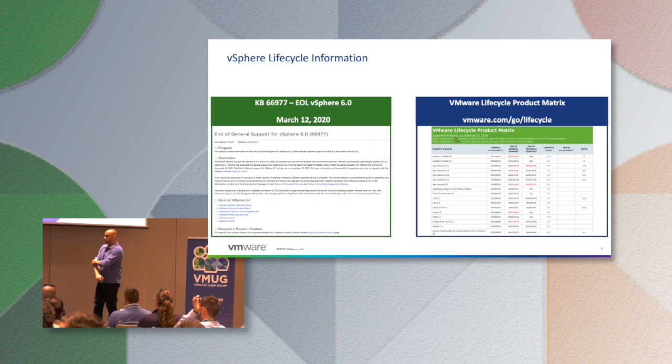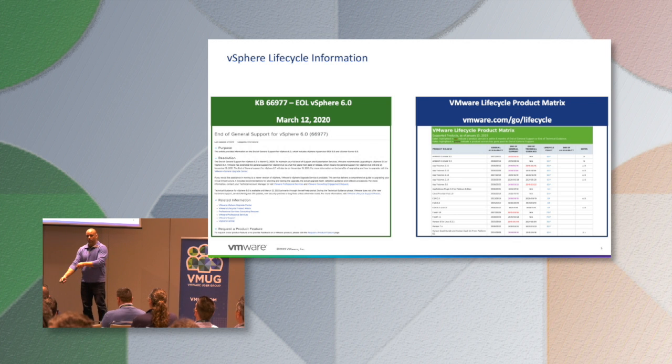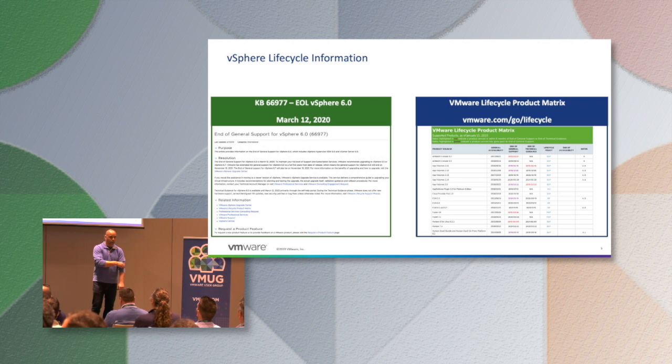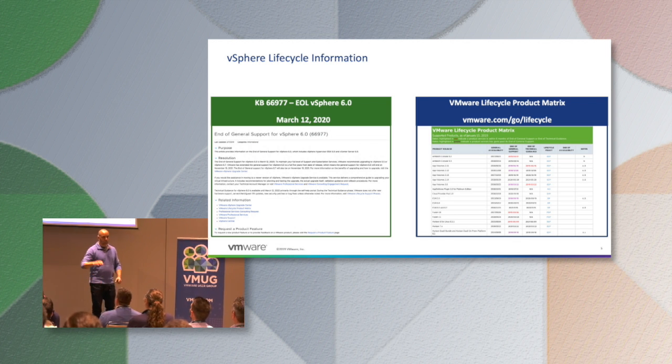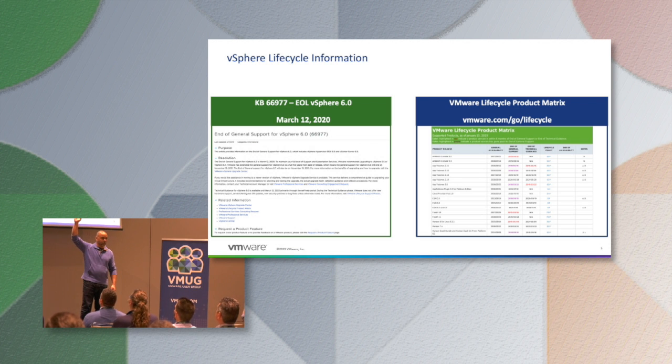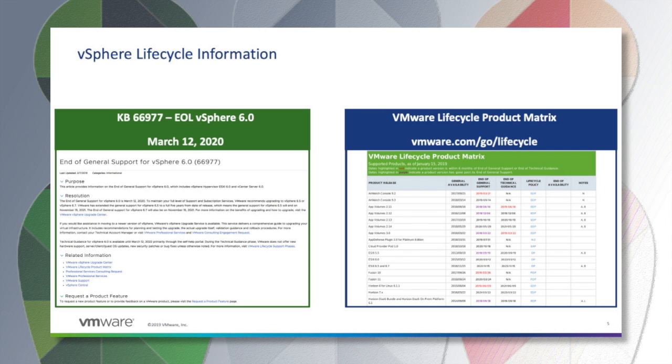Okay, so a bit of news that hopefully you're familiar with. If not, we'll make sure you are. 6.0, who's still here on 6.0? Okay, a couple of people. All right. So 6.0 is coming up on end of life in March of next year. So just like we did with 5.5, now 6.0 is going to be end of life.